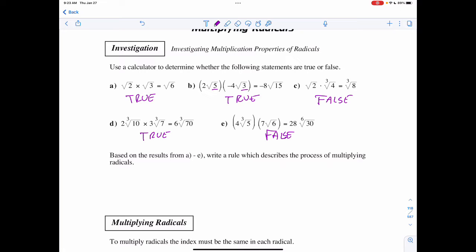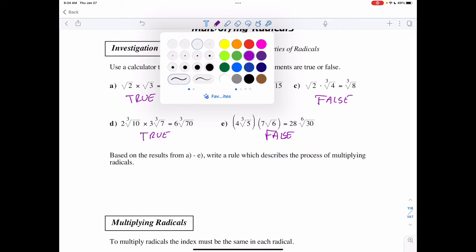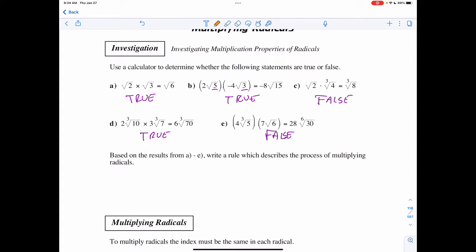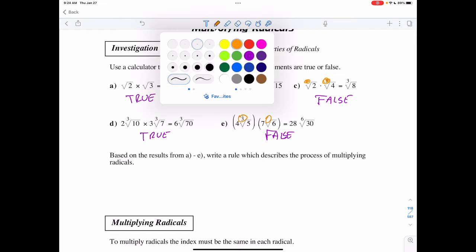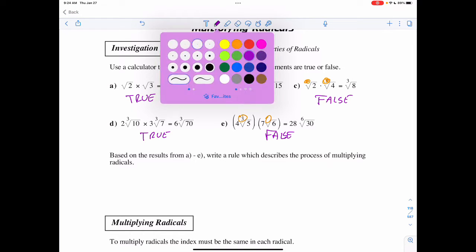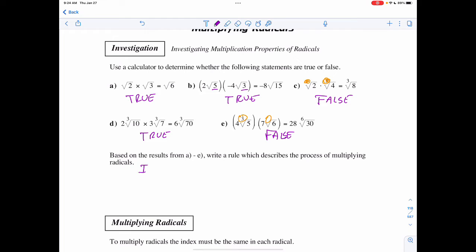So, how do I multiply radicals? Well, step one, when I look at what's wrong here, I know that the index must be the same. If it's a square root, I can multiply it by a square root.